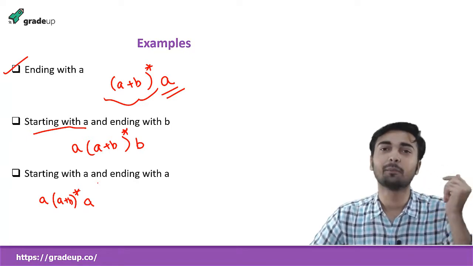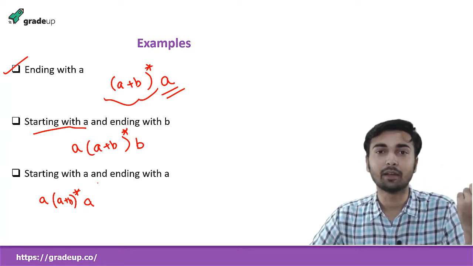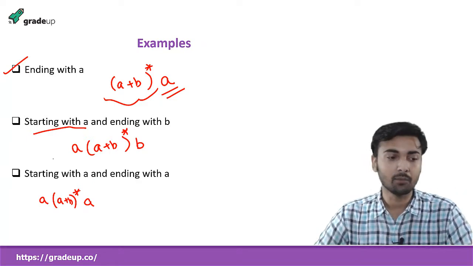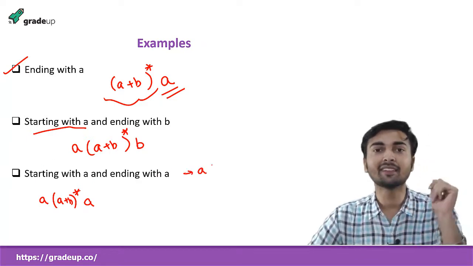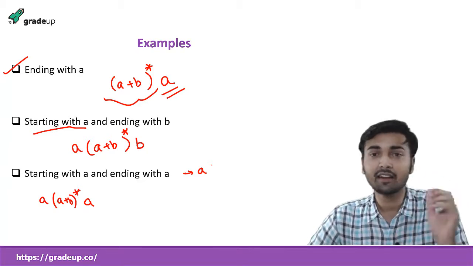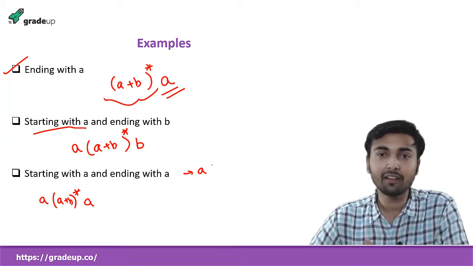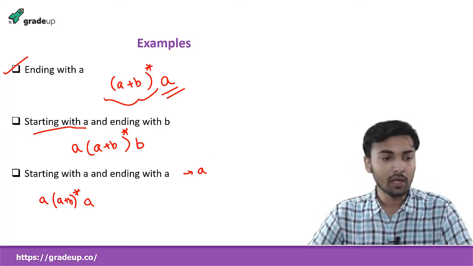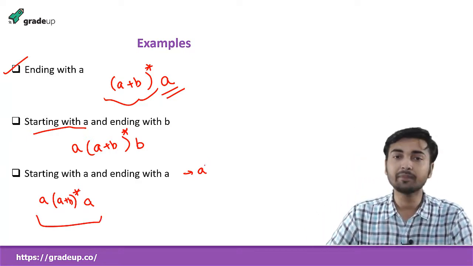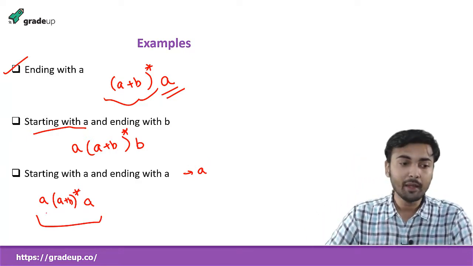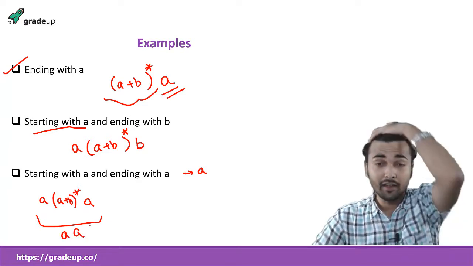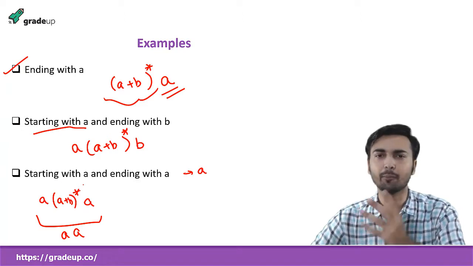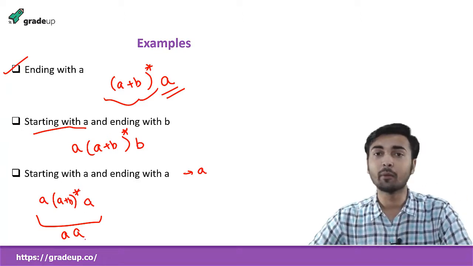But guys, this is incomplete. Why this is incomplete, I'll tell you. Suppose my string is A. Is it a correct string or not? It is starting with A also, it is ending with A also. But does your regular expression accept this thing? No. Why? Because this regular expression contains at least AA. Starting with A and ending with A. In between, suppose you take nothing, then also the minimum is AA.